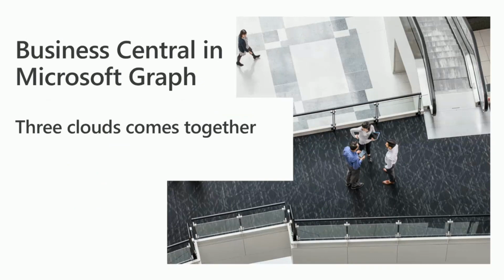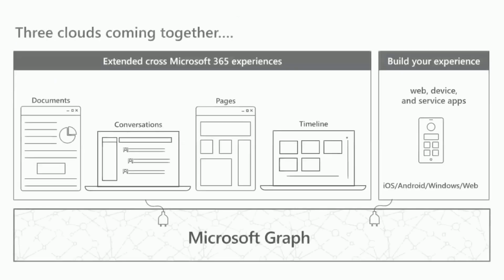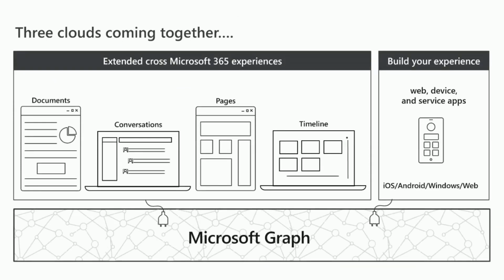So with Business Central entering Microsoft Graph, I think it's really where the three clouds come together, right? This is an older picture of an already existing slide, where we're already accessing documents in OneDrive and SharePoint and so forth.